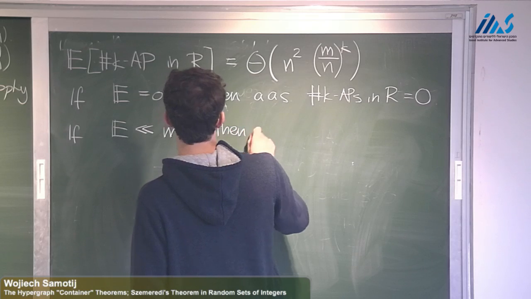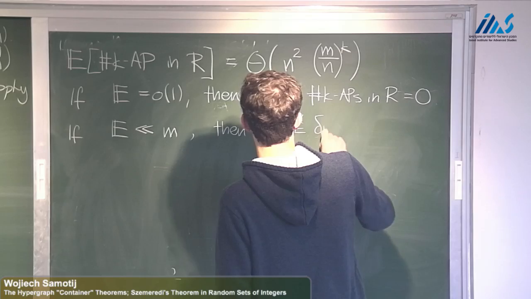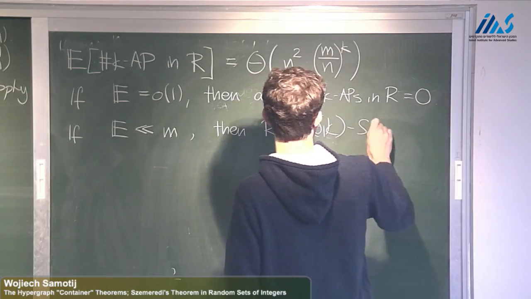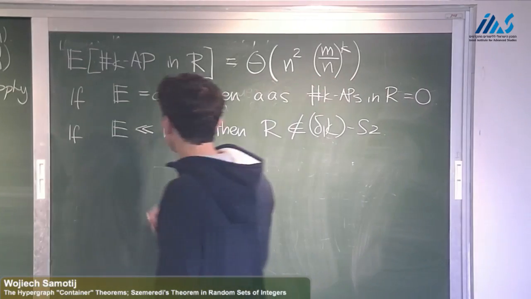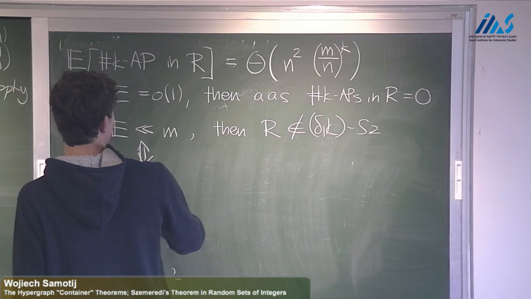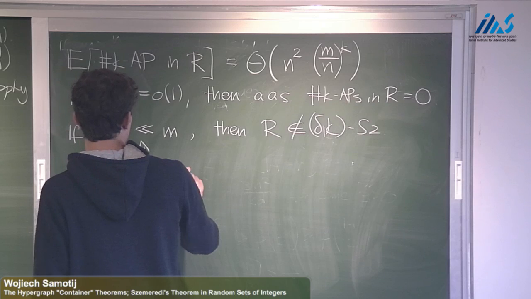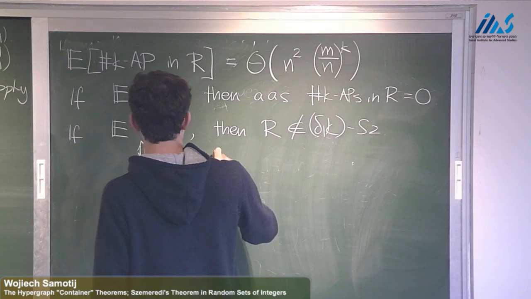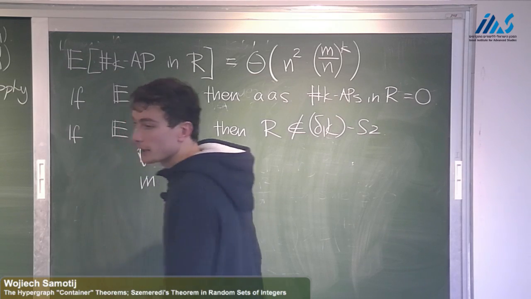So then R doesn't have the delta k Szemeredi property. Now, when does this happen? So this is equivalent to saying that m is less than n to the (k minus 2) divided by (k minus 1).